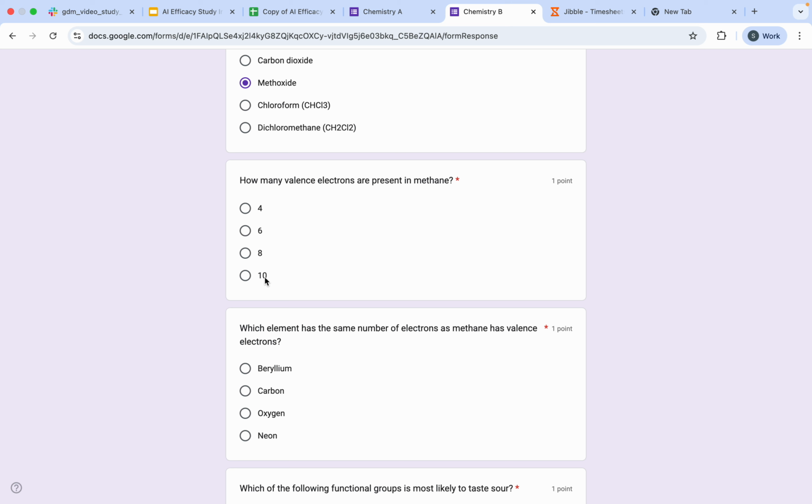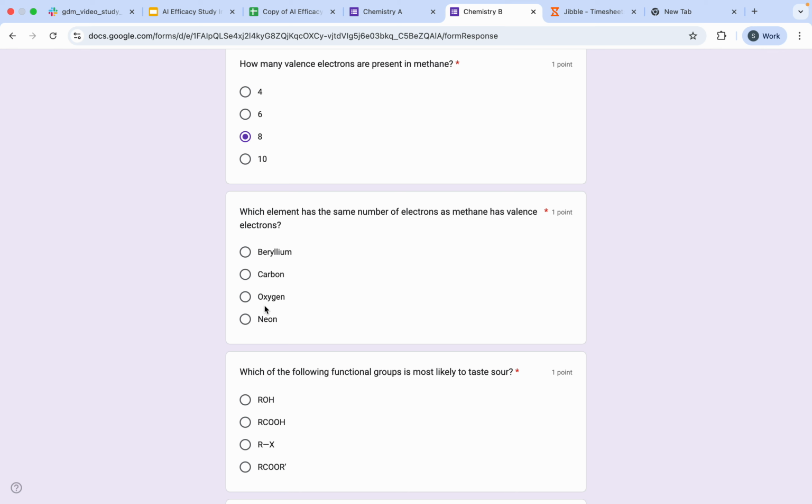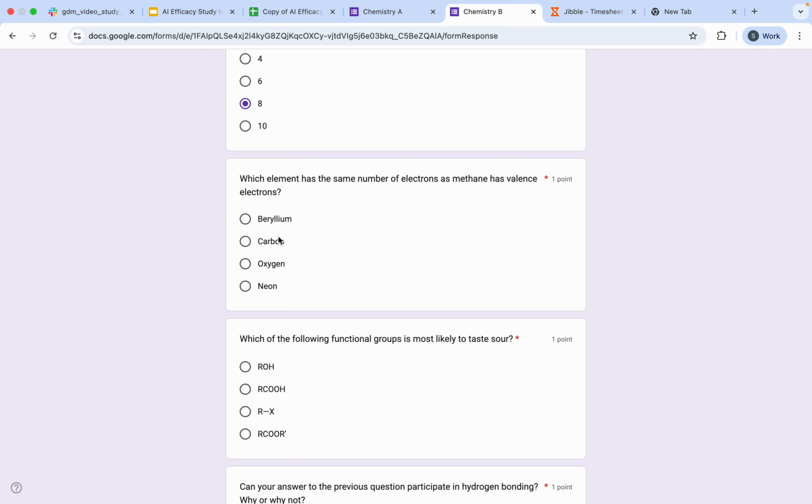I will go for 8. Now the next question is, which element has the same number of electrons as methane has valence electrons?